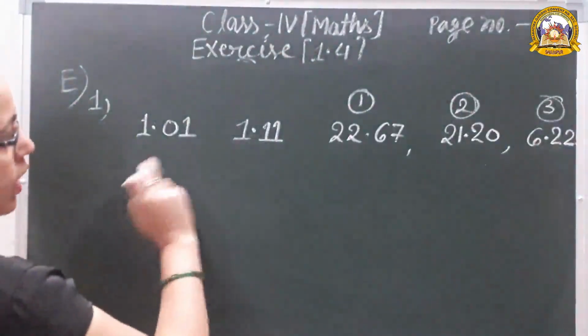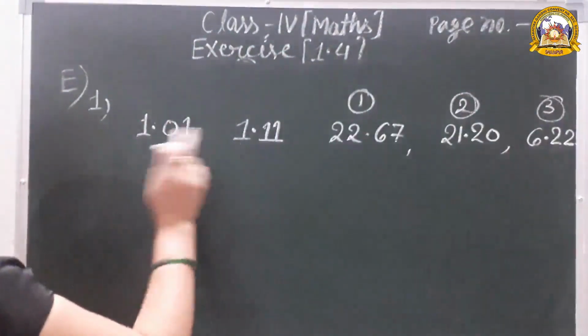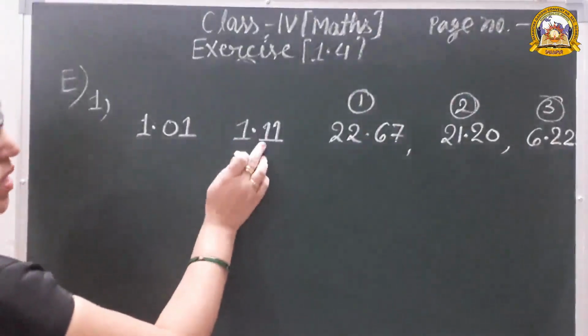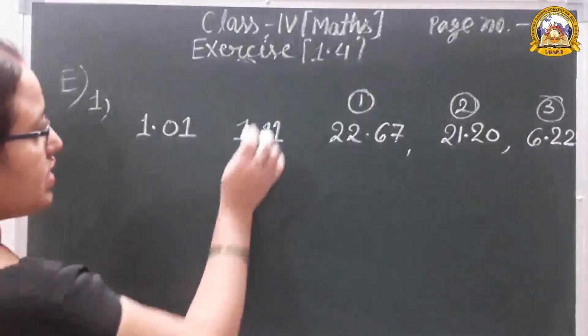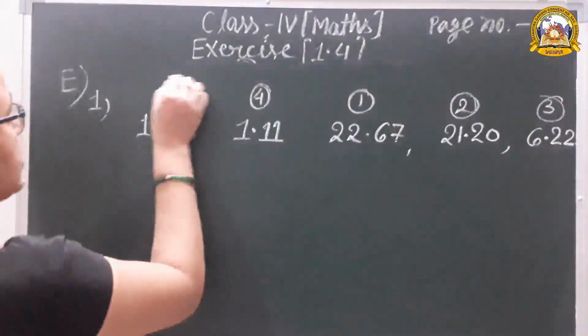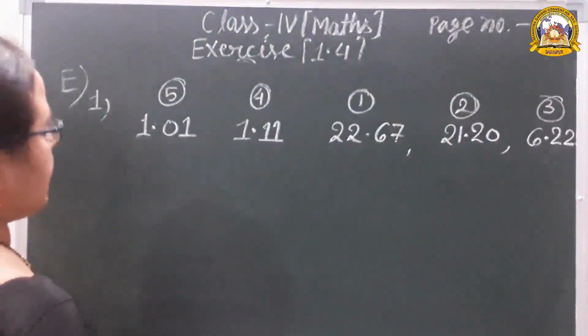Now both numbers have the same whole part, 1 and 1. After the decimal, here is 1 and here is 0, so 1 is bigger than 0, so this number will come on the fourth position, and finally, at last, this number is the smallest number.